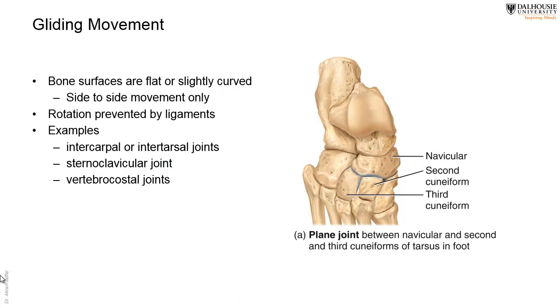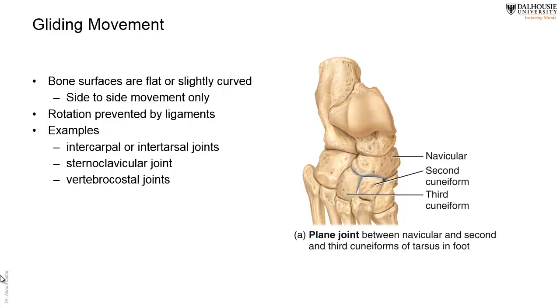The movements that take place at the joints are of different types. Some of the movements are gliding movements, where the bones glide on each other, and usually in this case the articular surfaces of bones are either flat or slightly curved. Examples are the intertarsal joints, the joints between the tarsal bones, and the intercarpal joints, the joints between the carpal bones.